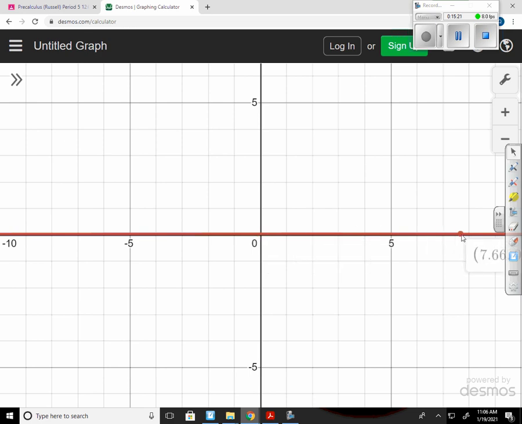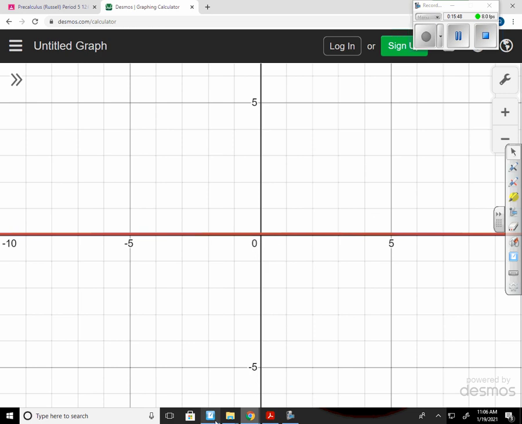So let's look at it as I approach from the right. I'm at 0.045, and as I keep getting closer and closer to x equals 0, look at my y. It's 0.049 now. Now it's 0.05. And as I progress and get closer and closer, you see that it stays at 0.05.